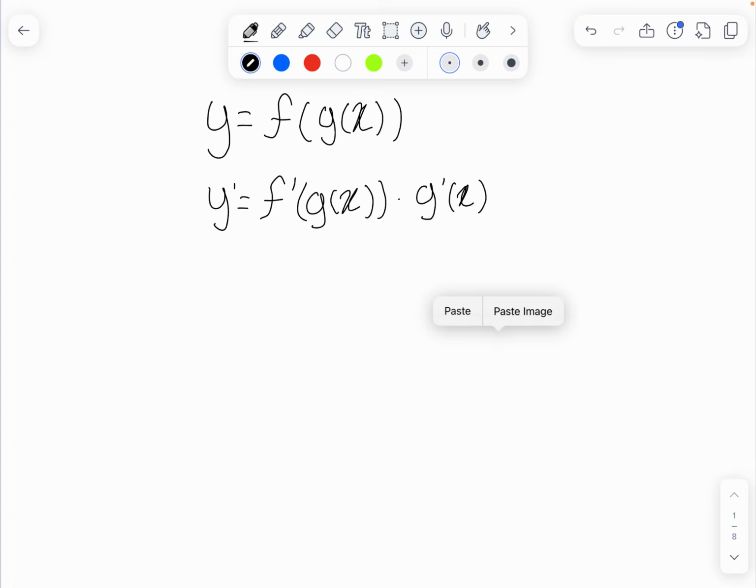So think about it as the derivative of the outside multiplied by the derivative of the inside.